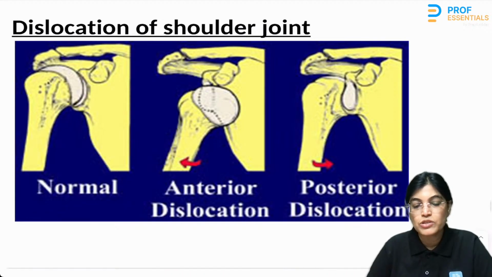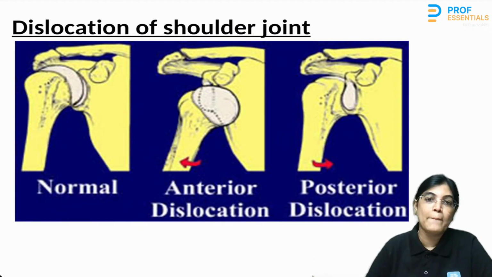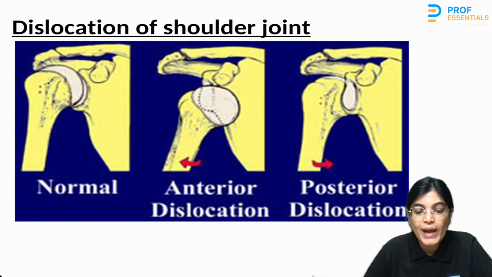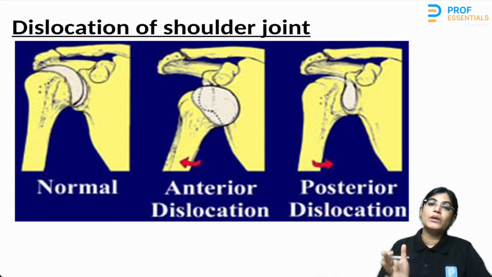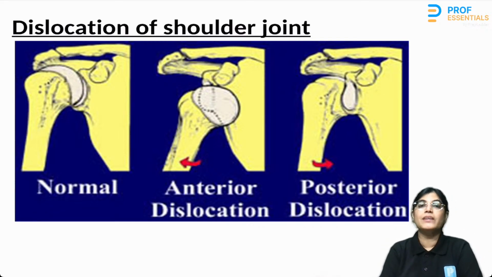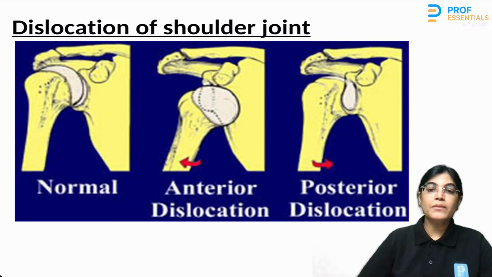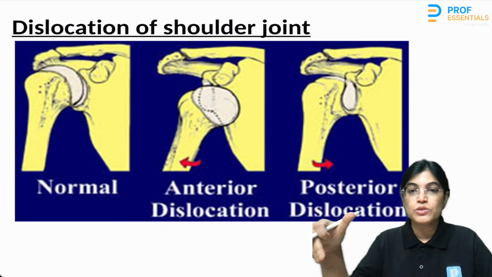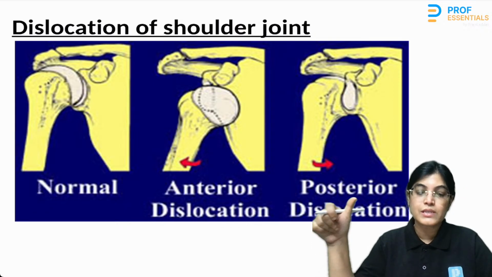Basically, dislocation of the shoulder joint happens more in the inferior aspect. Why is it inferiorly least supported? The fibrous capsule is attached to the anatomical neck, but in the inferior aspect it descends 1.5 centimeter down towards the surgical neck.